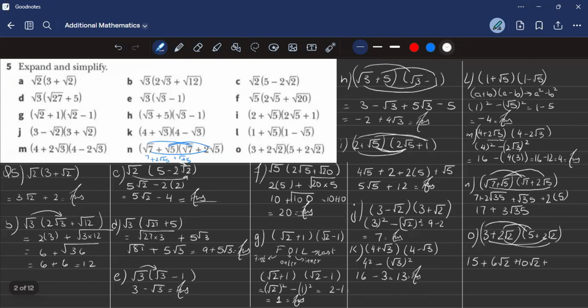So 2 2s are 4, multiplied by under root 2 multiplied by under root 2 is 2. So this is equal to 15 plus 8. So what is 15 plus 8? 15 plus 8 is equal to 23 plus 16 under root 2. And that's our answer for part O.